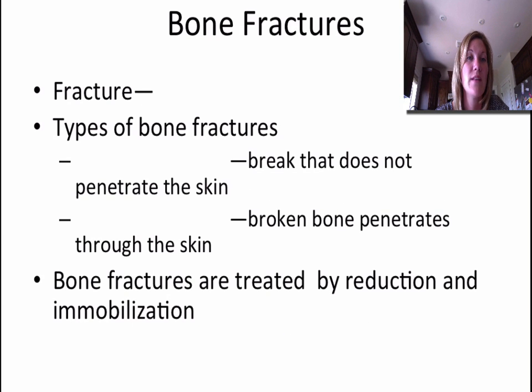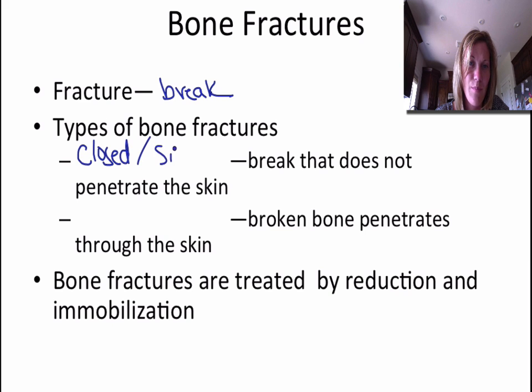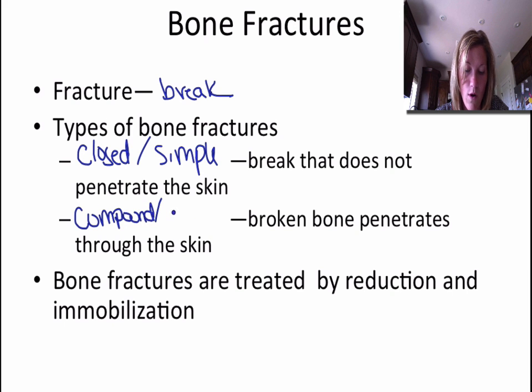Alright, so what happens when we get a bone fracture? A fracture is a break in a bone, and there are a couple different types of bone fractures. We have a closed fracture, or sometimes we call it a simple fracture. This is a break that doesn't penetrate the skin. And then we have a compound fracture, or sometimes we call it an open fracture, where the broken bone actually penetrates through the skin.